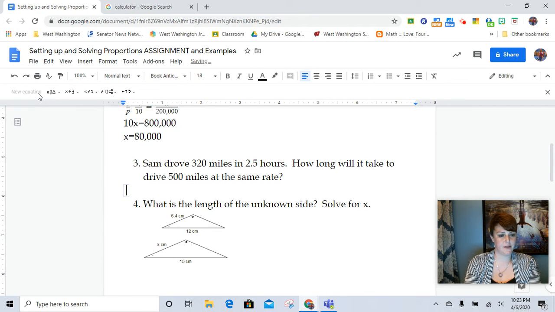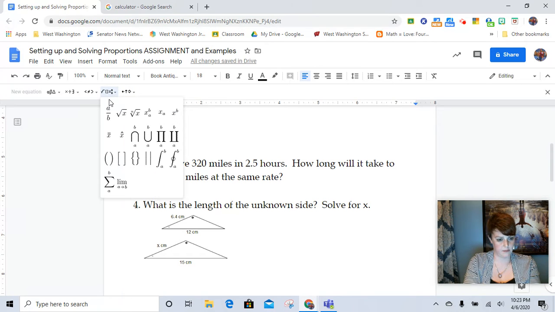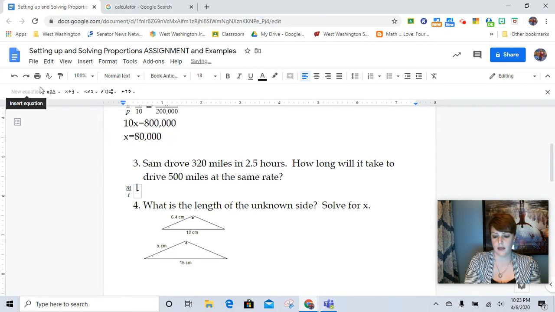All right. So here's the proportion that we're going to set up. I'm going to go miles versus time. Okay, and so that's going to give me 320 miles in 2.5 hours.